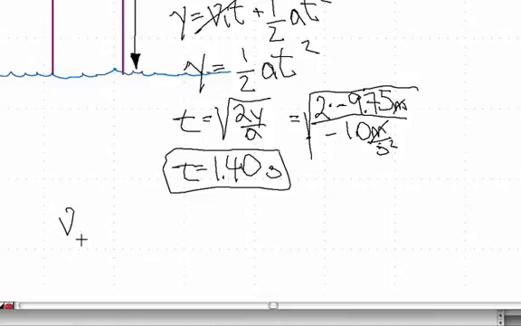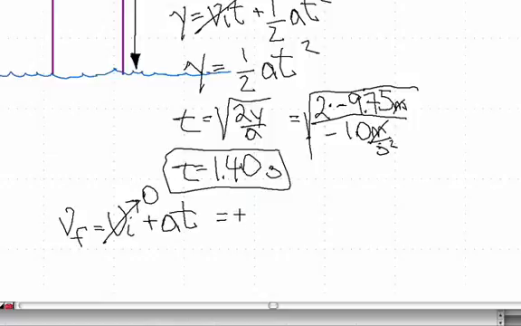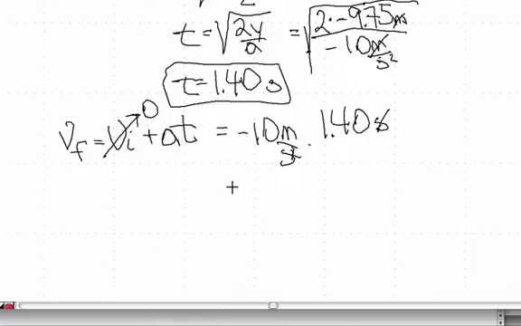Now, the final velocity, once again, is VI plus AT, and we know that VI is 0. That means it's just the acceleration, which is minus 10 meters per second squared, times 1.40 seconds, and this second cancels with one of these, and the answer in this case is minus 14.0 meters per second.